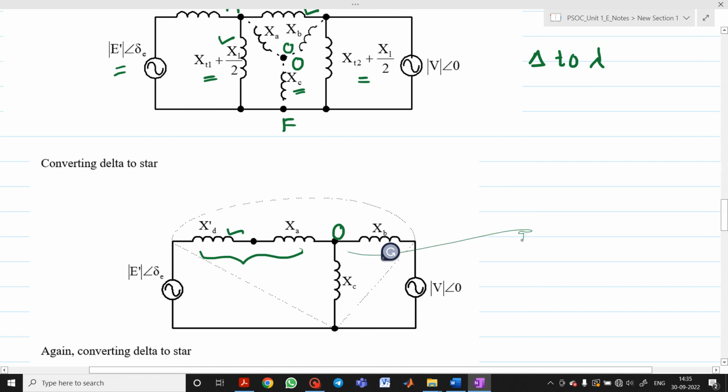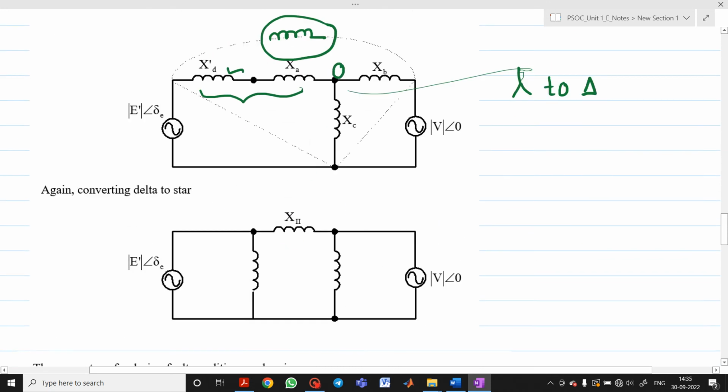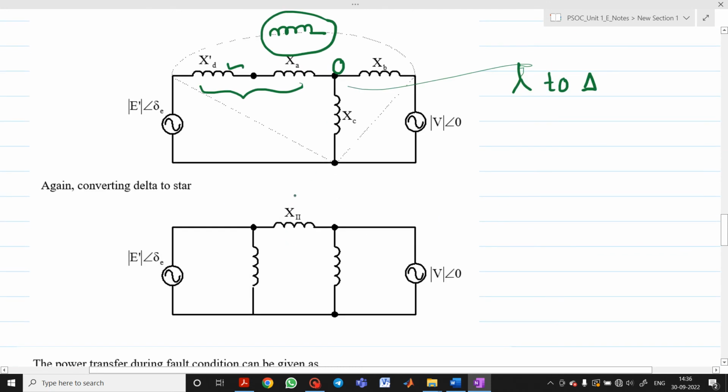Now I will convert this star into delta. Whatever reactance will be here is nothing but the reactance during fault. So this will be your X2. You should know how to convert star to delta and delta to star. This X2 is the reactance during fault condition.